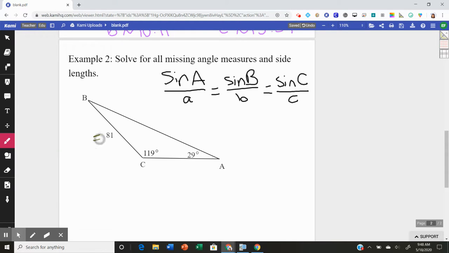So I know that A is going to be 81 units long. Here's going to be my side C, and here's going to be my side B, directly opposite from their corresponding angles. If I start filling into my formula, I'm going to have sine of A, so sine of 29, over the opposite side, which is 81, is equal to the sine of B. I didn't figure that one out, but I know I can.